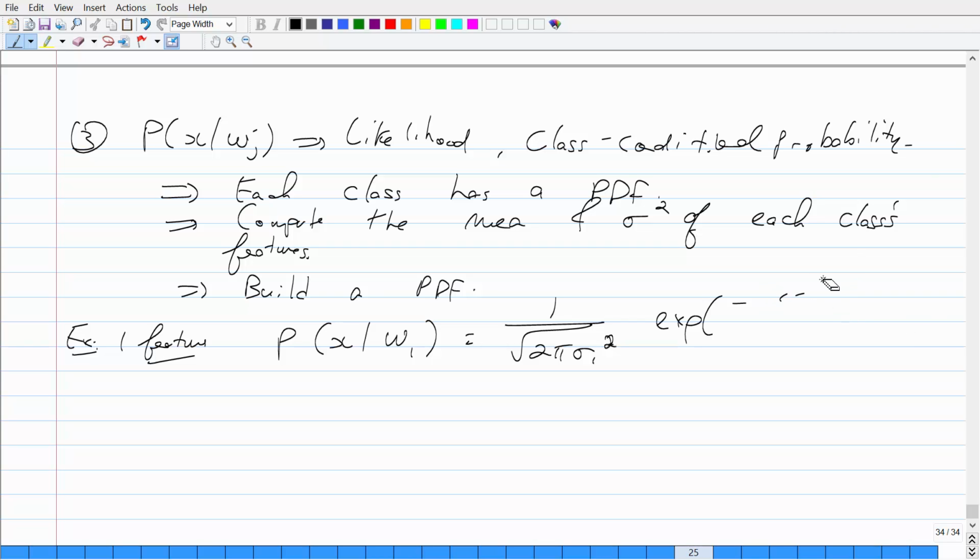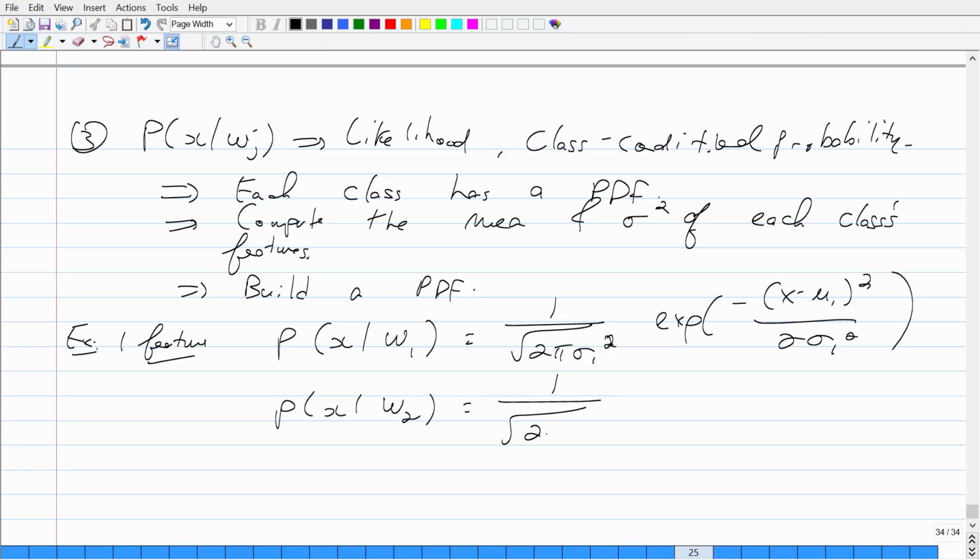Then you'd also have belonging to class 2 as well. So there are 2 different probability distributions, one for each class, and each has a different mean and variance because you're using different inputs to get the mean and the variance for those features.